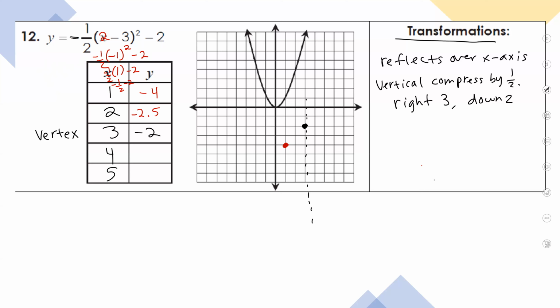So when we plug in a 2, we get -2.5. So 2, -2.5 is right there. Now, the thing about a quadratic is that this side looks the same as this side. So I'm just going to copy these points. If you plug in a 4, you'll also get -2.5. If you plug in a 5, you'll also get -4. So that's what your graph will look like.